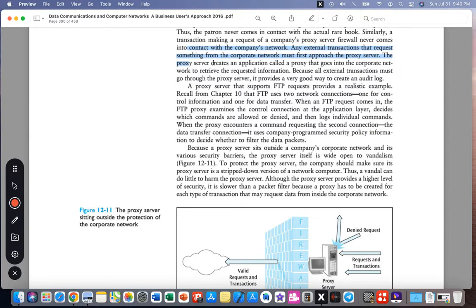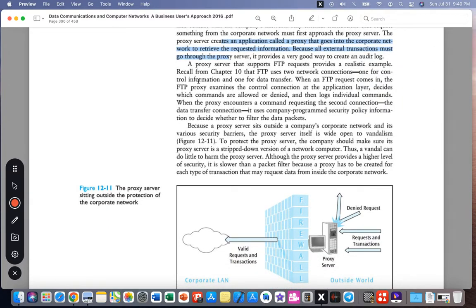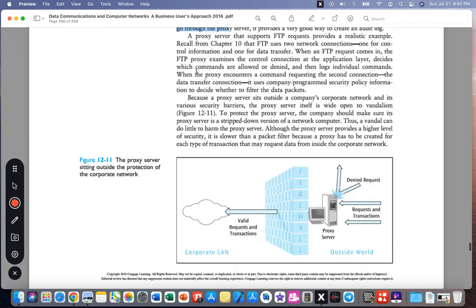The proxy server creates an application called a proxy that goes into the corporate network to retrieve the requested information. Because all external transactions must go through the proxy server, it provides a very good way to create an audit log. Proxy servers can create logs.